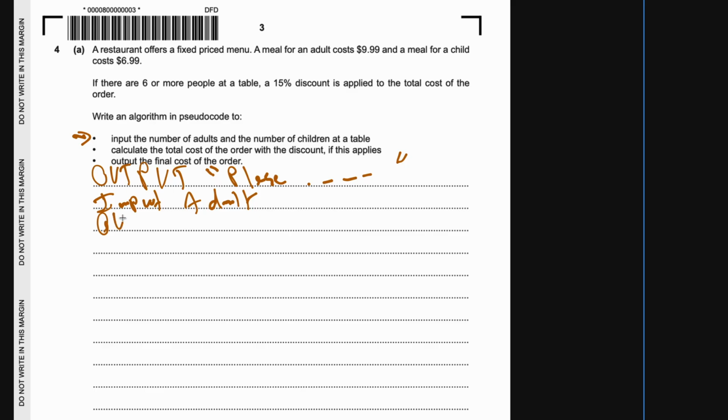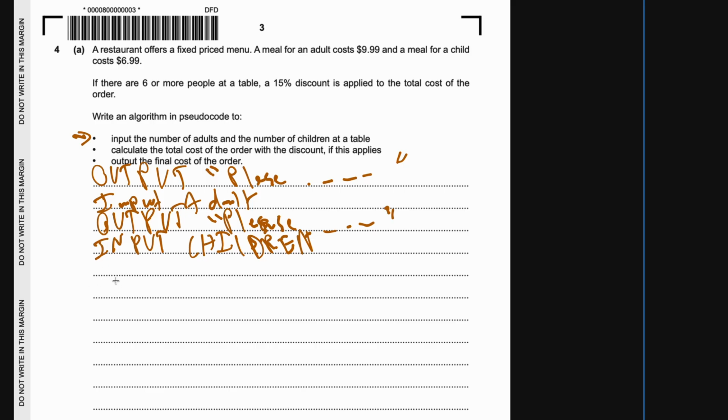Then we're gonna output again, prompting the user to please enter the number of children, and then we're gonna input a variable called children, which contains the number of children, right?